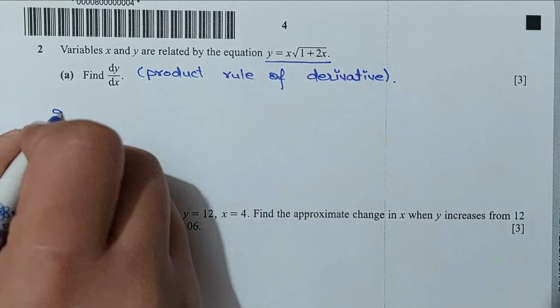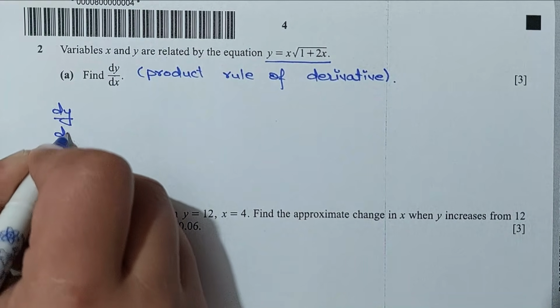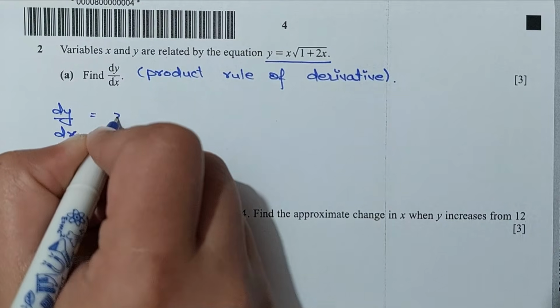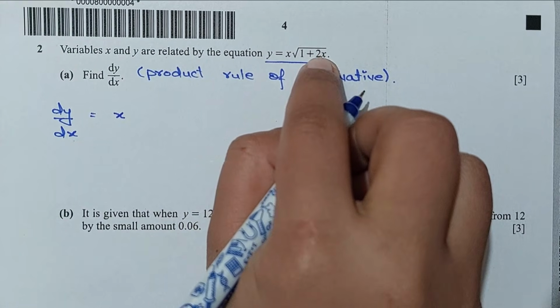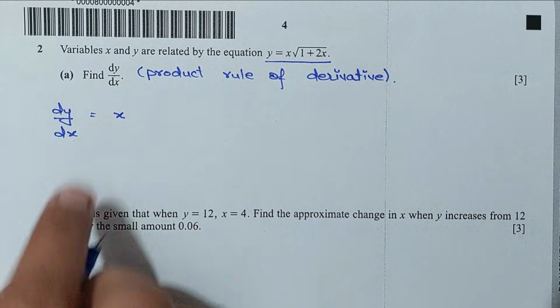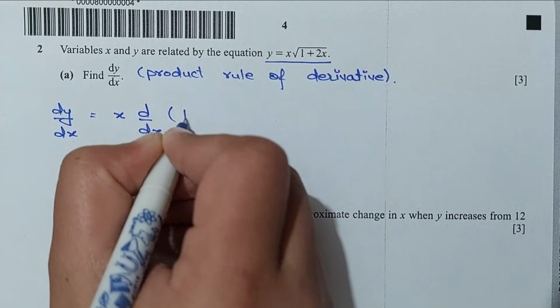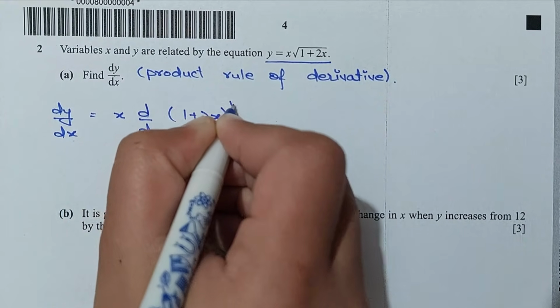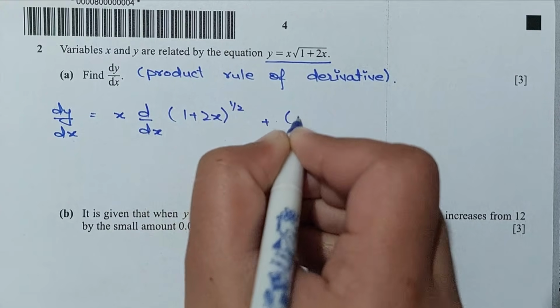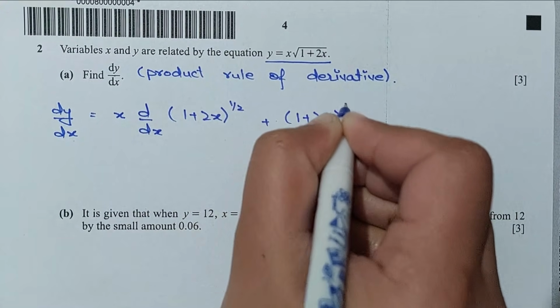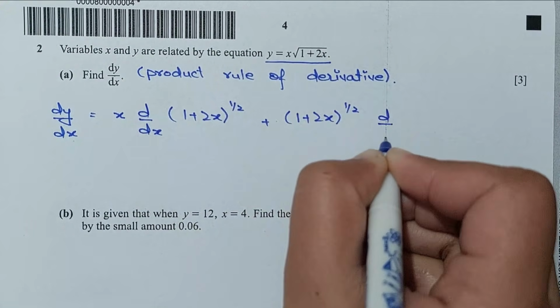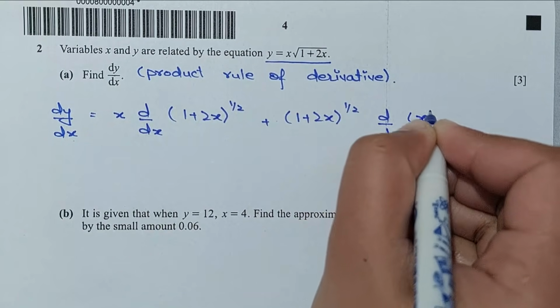All right, so dy over dx. In the product rule, the first function is as it is: x is the first function and square root of 1 plus 2x is the second function. First function as it is, take the derivative of the second function, which is 1 plus 2x to the power 1 by 2, plus the second function as it is, and take the derivative of the first function, d by dx of x.